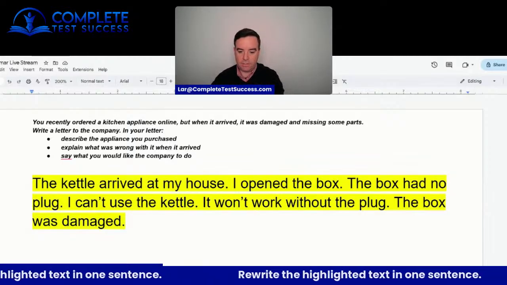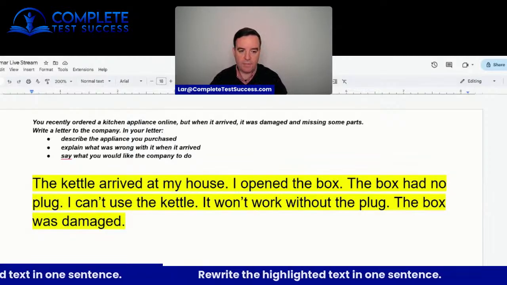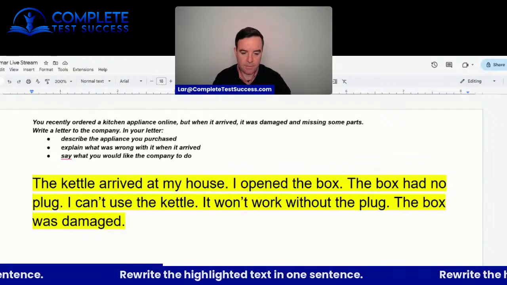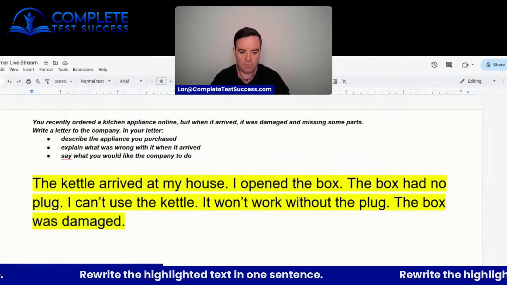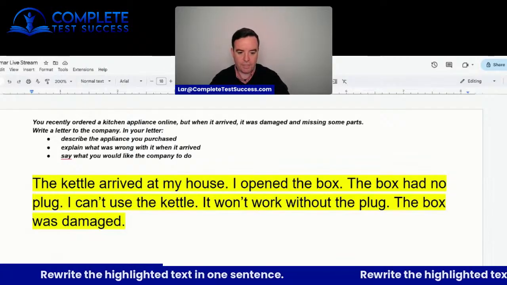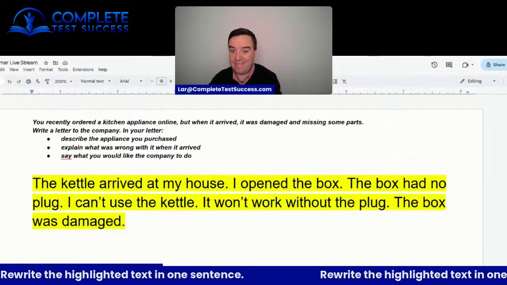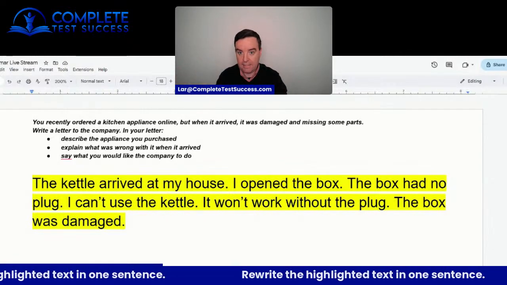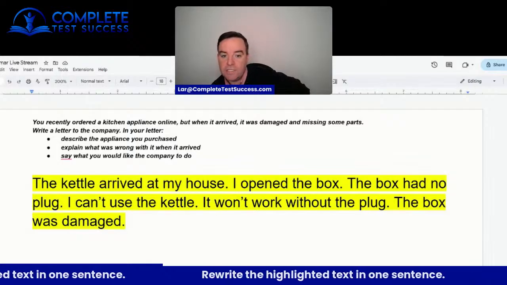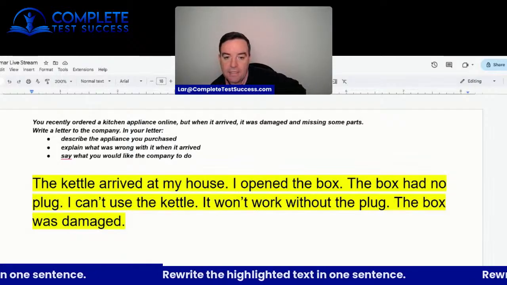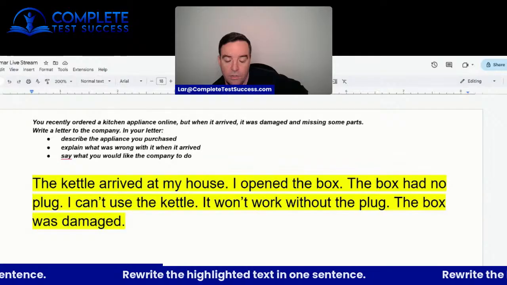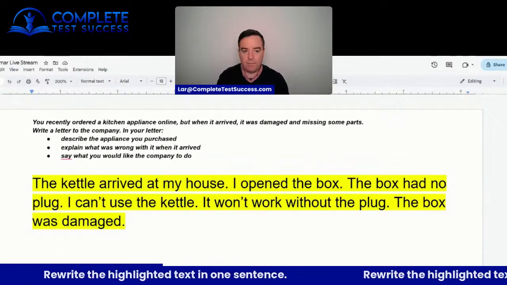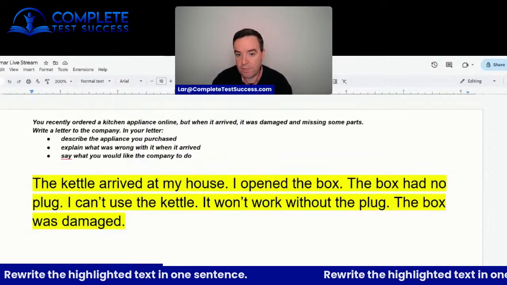So not just thinking about your grammar, but thinking about coherence and cohesion, where there isn't repetition. You're not delivering information in the wrong order. You're not using relative pronouns that are referring to a thing that you're not talking about. So feel free to rewrite it completely, trying to do it all in one sentence. I can't remember what I was going to say. But yeah, rewrite all of that in one sentence.